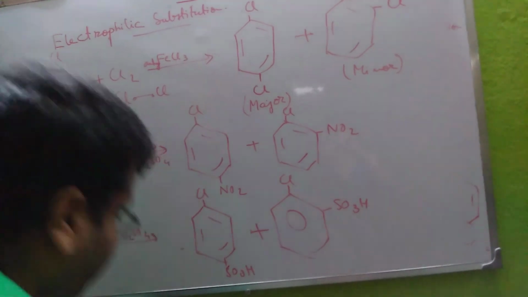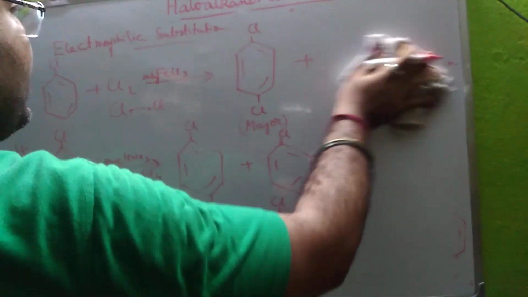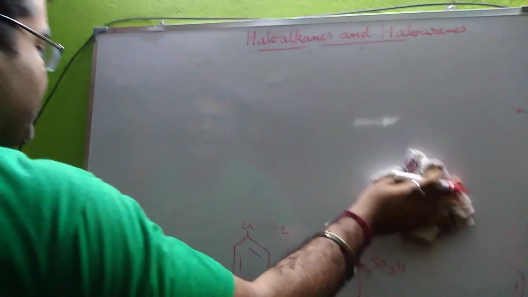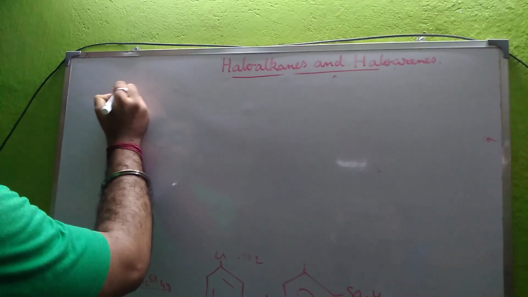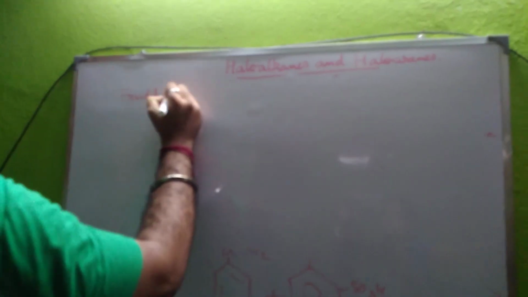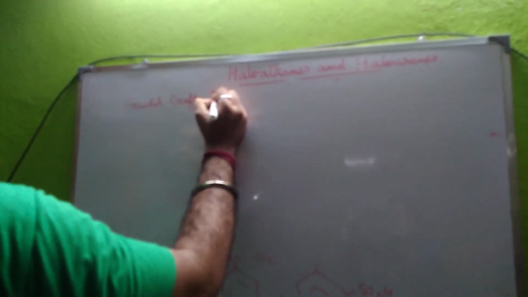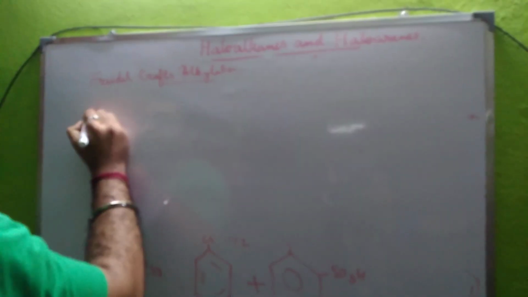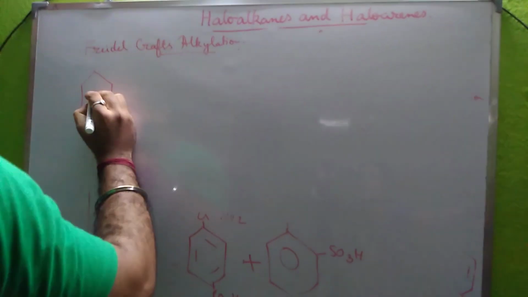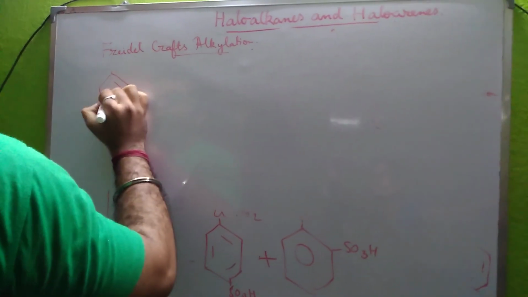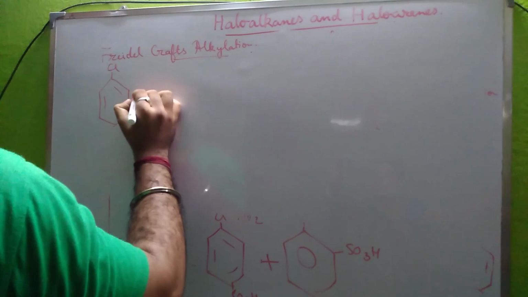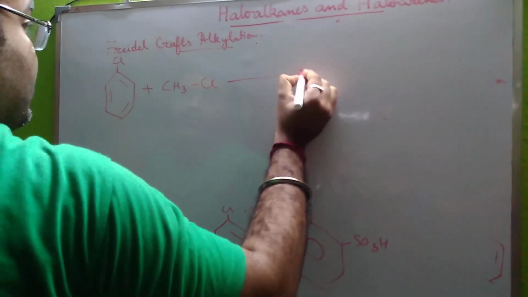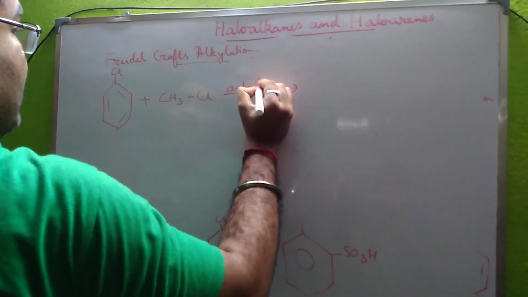Now like this, there are some important reactions like Friedel-Crafts reaction. What is Friedel-Crafts reaction? Friedel-Crafts alkylation. This is a very important reaction. See what happens over here when an alkyl group is getting attached to the benzene ring. Chlorobenzene, and I am reacting this with methyl chloride in the presence of anhydrous aluminium chloride.